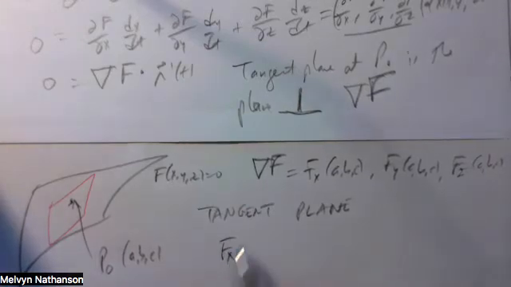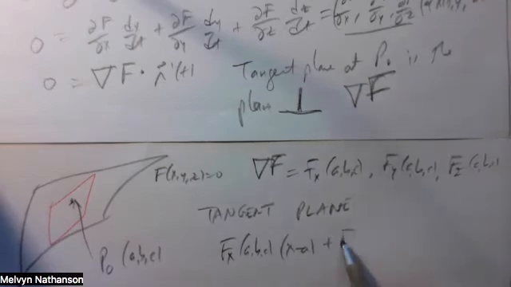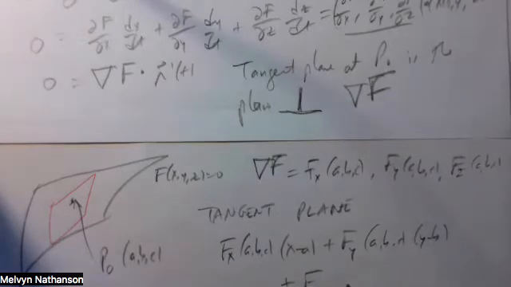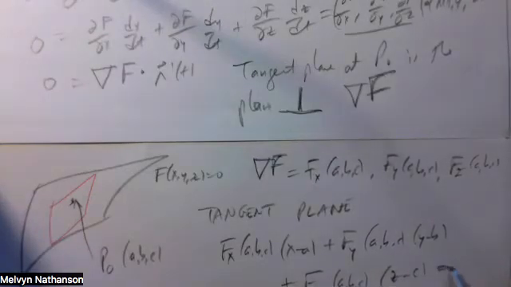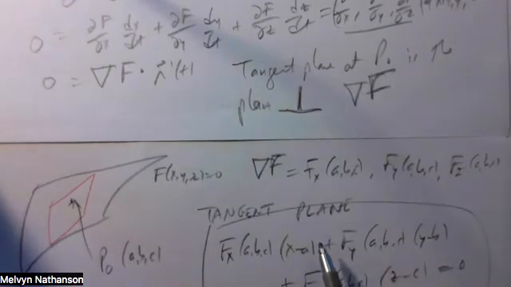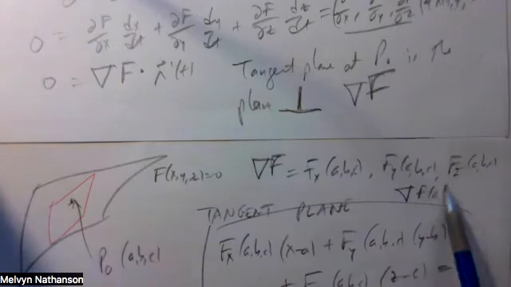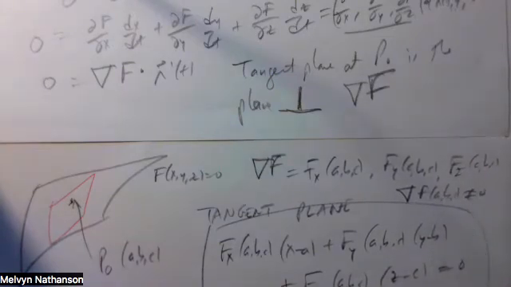Partial of f with respect to x at a, b, c times x minus a plus partial of f with respect to y at a, b, c, y minus b plus partial of f with respect to z at a, b, c, z minus c equals 0. This only makes sense, of course, where the gradient of f is not the 0 vector. Some of its coordinates can be 0, but it can't all be 0.